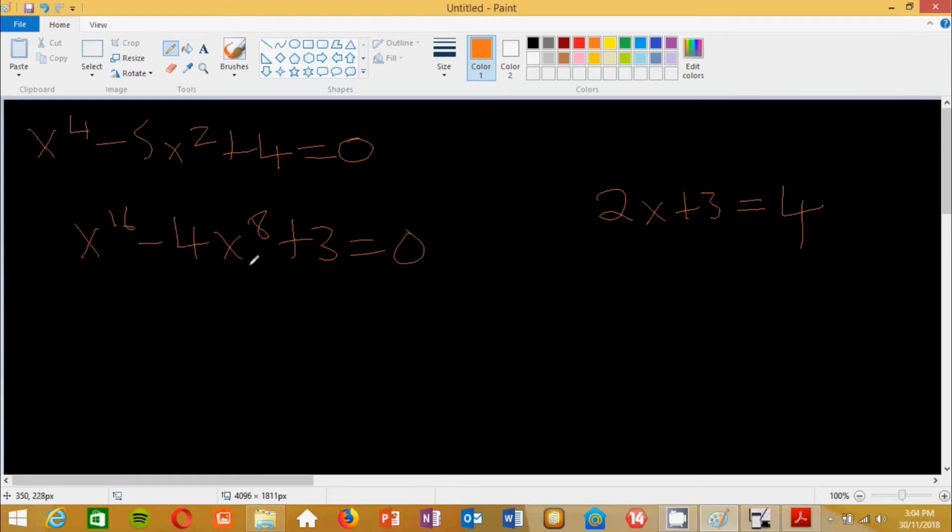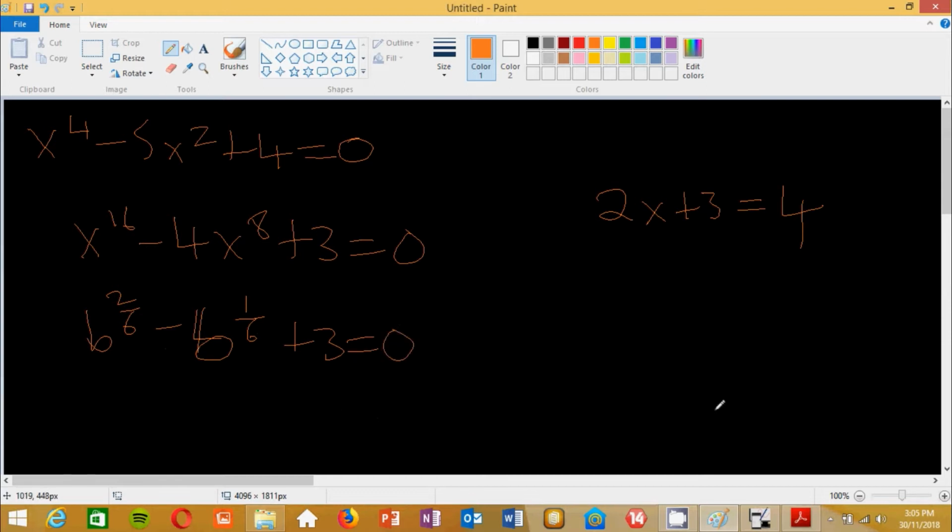There are only 2 powers in the equation, and the lowest power is half the highest power, or the highest power is double the lowest power. Let's look at another one. This is kind of fun. b to the power 2 over 6 minus b to the power 1 over 6 plus 3 is equal to 0.